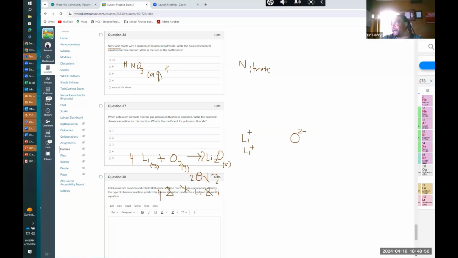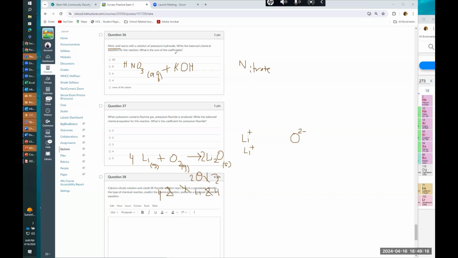And we're going to add potassium hydroxide. So potassium is what symbol? K. So then we have K and then hydroxide is OH. K is going to be what charge?